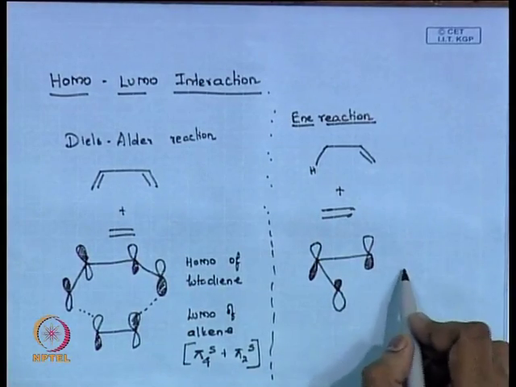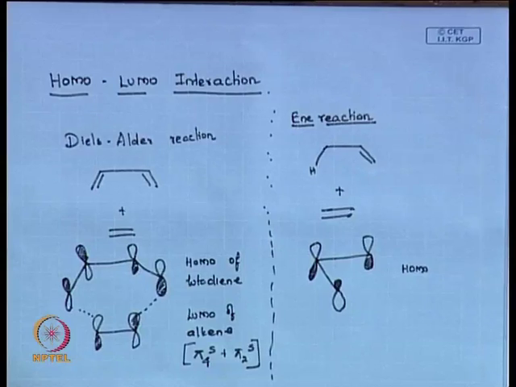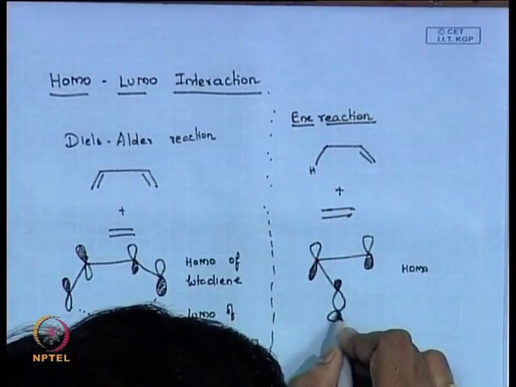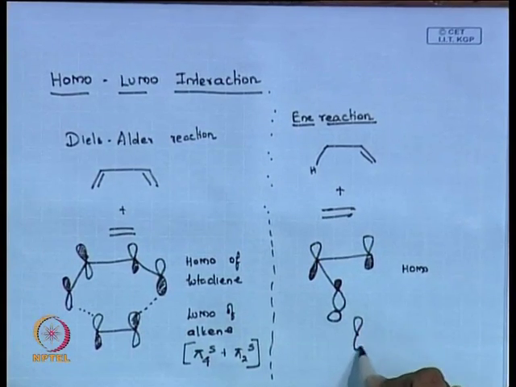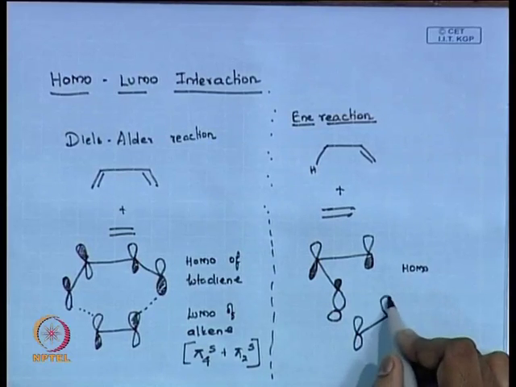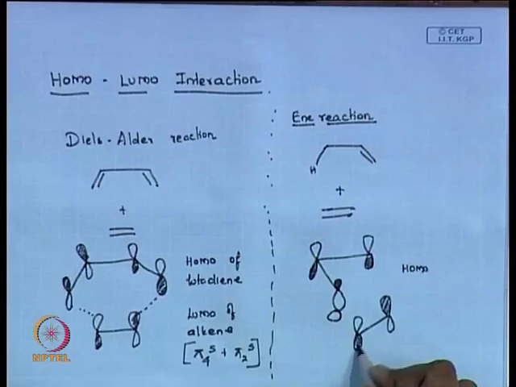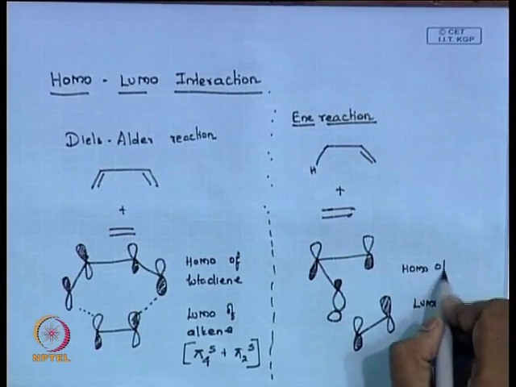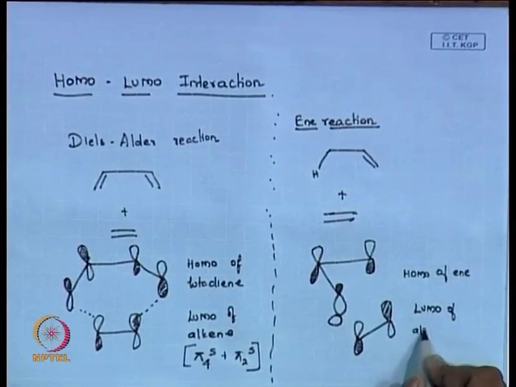This should be the HOMO of your ene system, and you have a hydrogen here. That is fine. Then you will be drawing the LUMO of your alkene. So, it will be the HOMO of ene and the LUMO of your alkene.